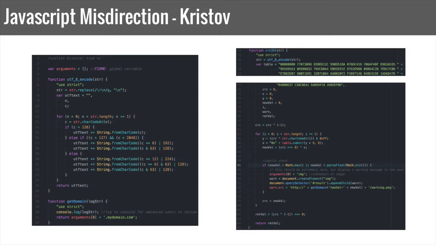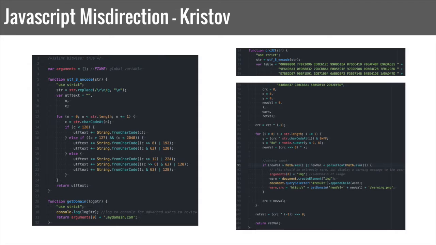So when I refer to arguments[0] in getDomain and also in CRC32, I'm not referring back to the global variable that I declared on line 3, but I'm actually referring to the parameters. So with that in mind, we can see on line 93 where I tried to set arguments[0] to image. Well, that's not setting the global variable.